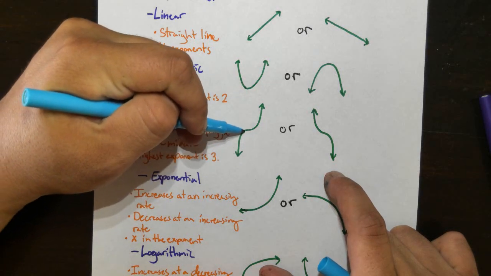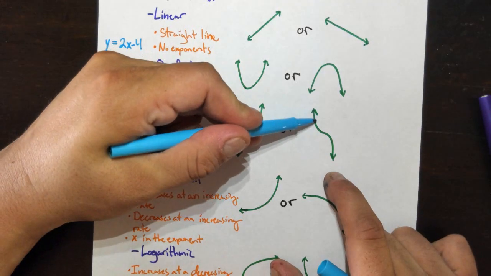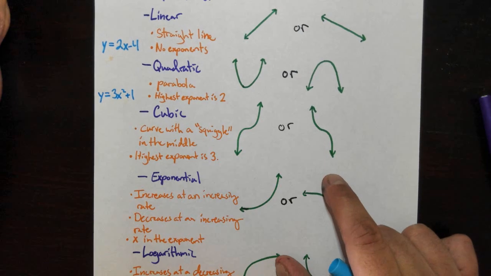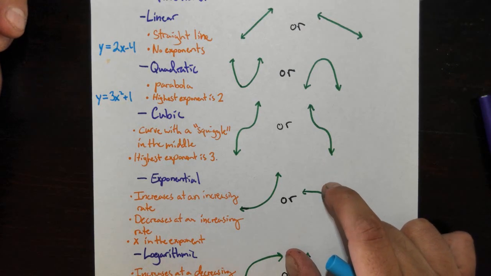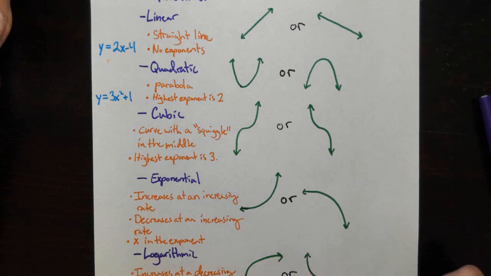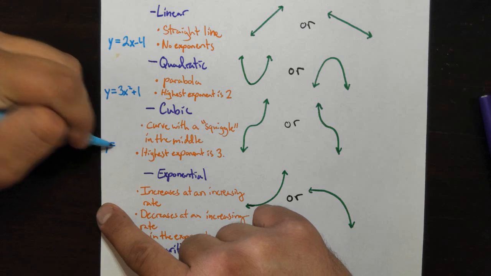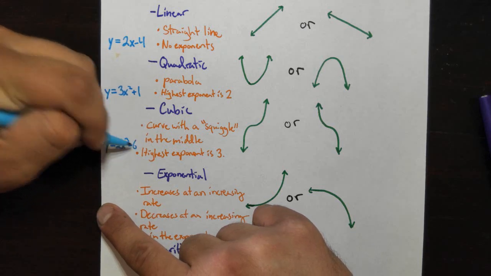We're going up, and then we go flat for a little bit, and then we go back up again. Or we go down, we get flat for a little bit, and then we go down again. So that's what a cubic function will look like. And the highest exponent is 3. So an example of a cubic would be something like y equals 2x cubed minus 6, or something like that.